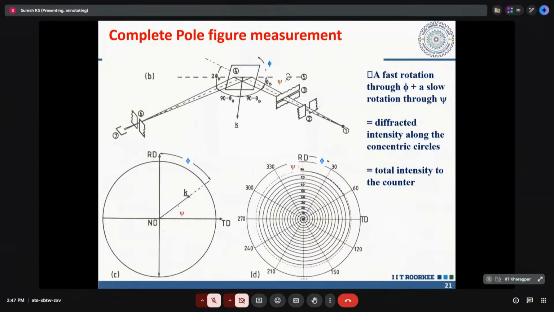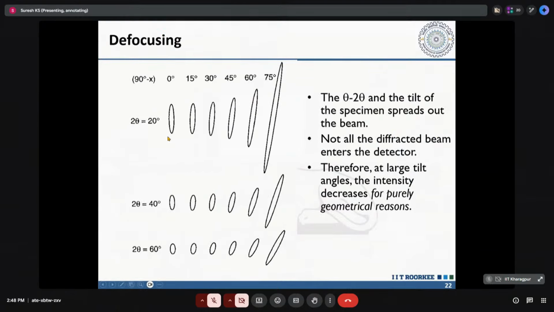Beyond 70 degrees, we are going to have very little intensity, which corresponds to the changes in the geometry of the X-ray profile which is falling on the sample. Assuming I have a circular opening in front of the X-ray source, that circular opening will remain a circle at chi 0 degrees as well as when we have the 2 theta as 90 degrees.